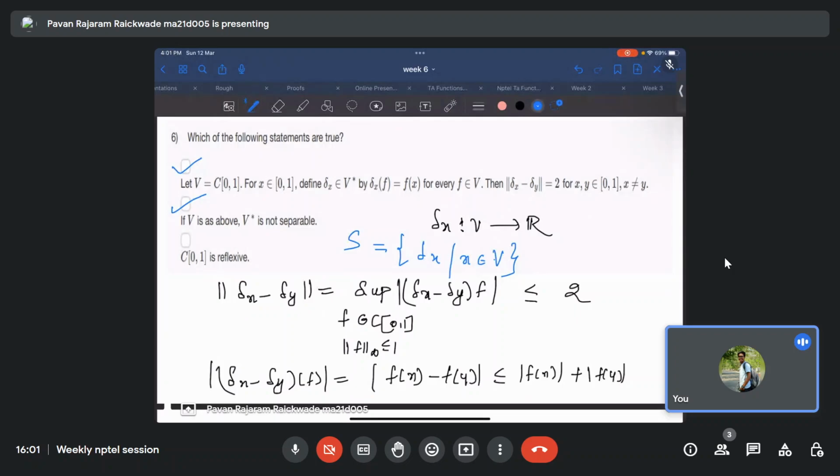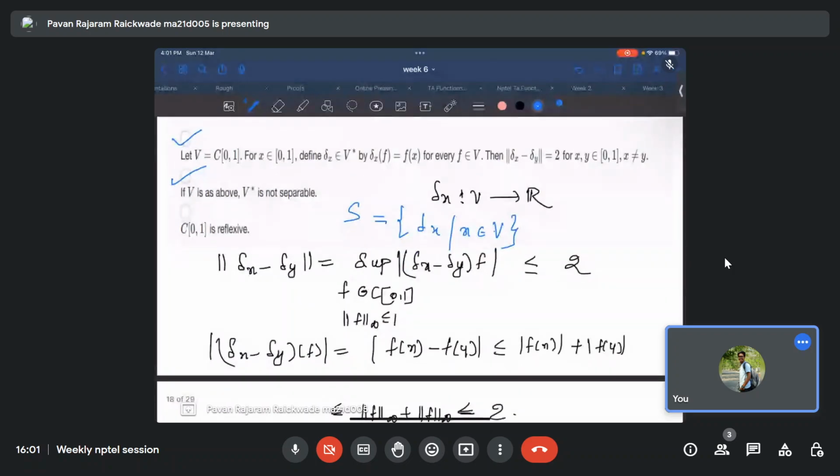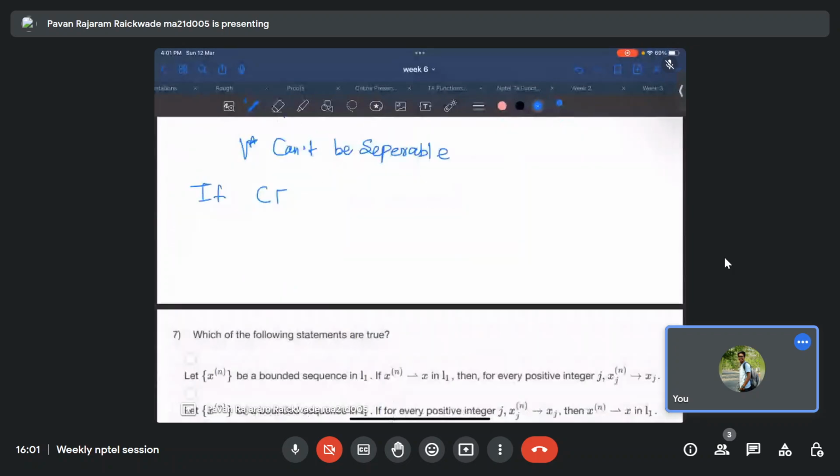Same logic. If C01 is reflexive, then we know that C01 is separable also. That means C01 double dual is also separable.